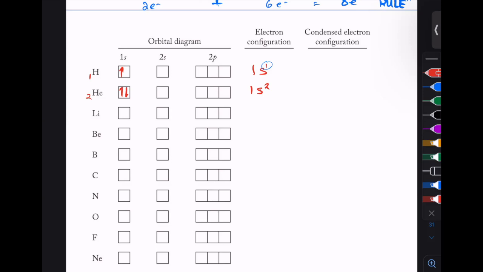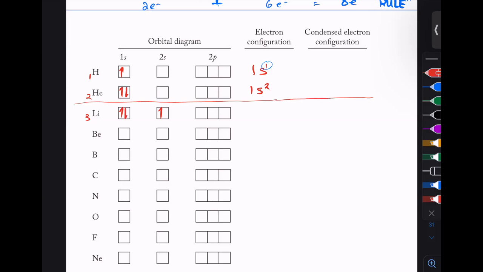Now, notice that at n equals 1, we're now full. As I was describing earlier when we were filling out the diagrams for sodium, that third electron for lithium, we always start at the bottom and work our way up. 1, 2, 3. That third electron is now already going in the n equals 2 level. So when we're full at n equals 1, that's going to be the most stable.